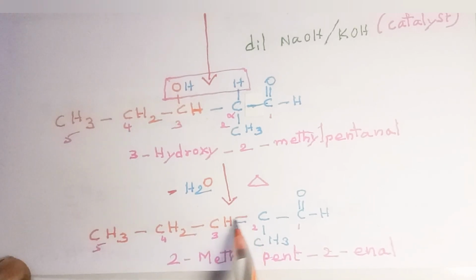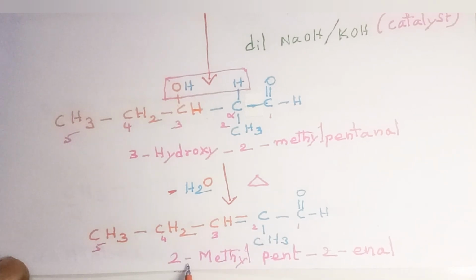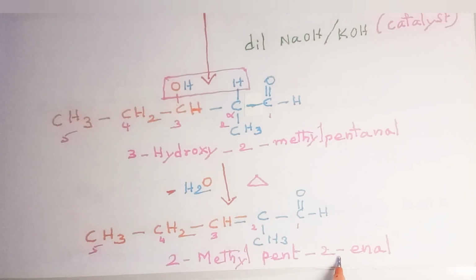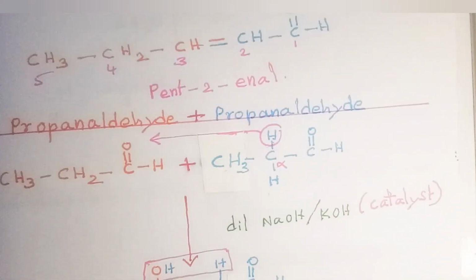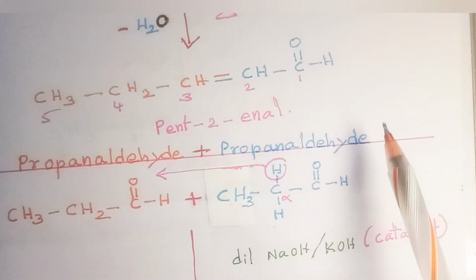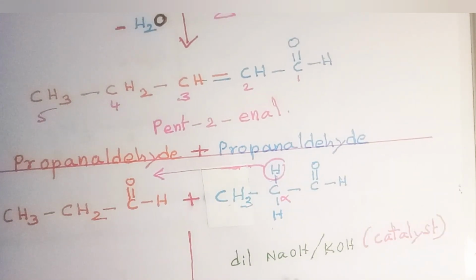There is a double bond between the second and third carbon, and there is a methyl group present on the second carbon, so it is called 2-methylpent-2-enal. This is the aldol condensation product when a propanaldehyde is combined with another propanaldehyde in presence of a dilute alkali and heat.